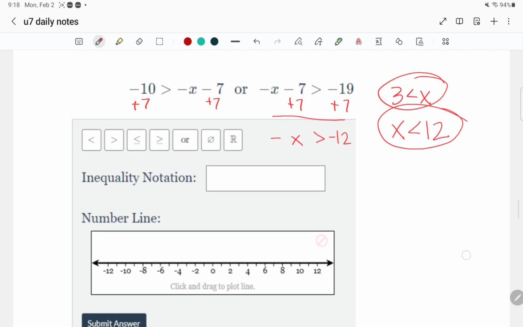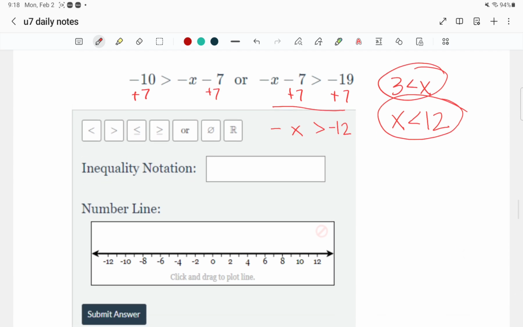That's scenario 1. Scenario 2, remember we solved them already. X, I'm reading it backwards. X is greater than 3. So open circle on 3. X is greater, so right. X is less than 12. Open circle on 12. Less is left.